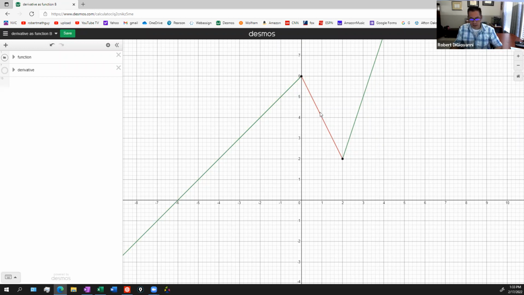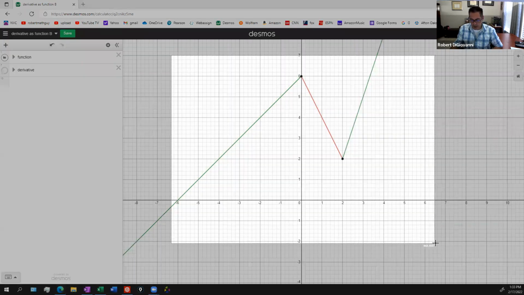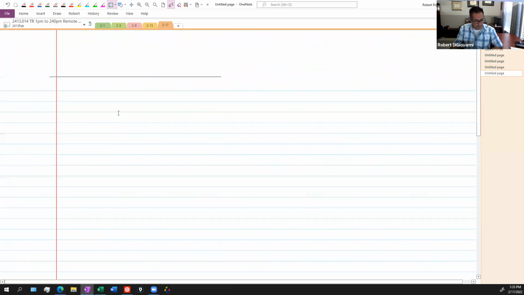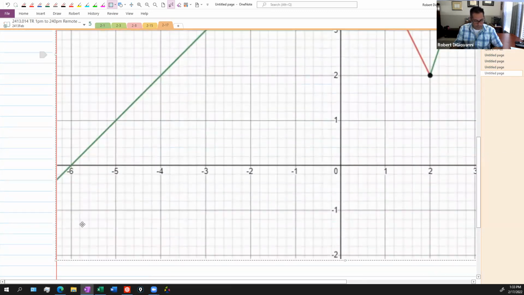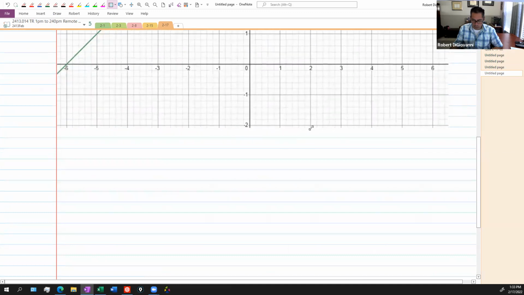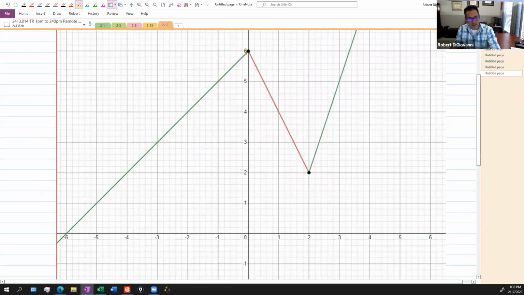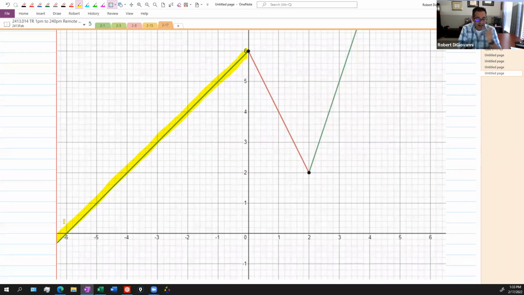So when we look at the left side, let me take this onto my other page so I can draw on it easier. All right, so let's talk about what the derivative is doing over here. Well, like I said, it's always the same because it's a straight line. So I just need to figure out what the slope of this line is.